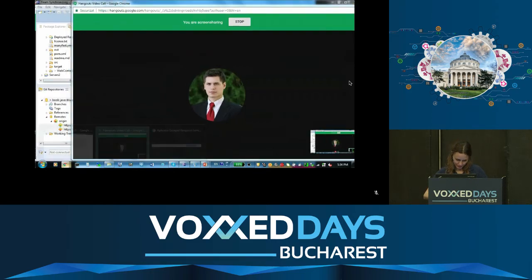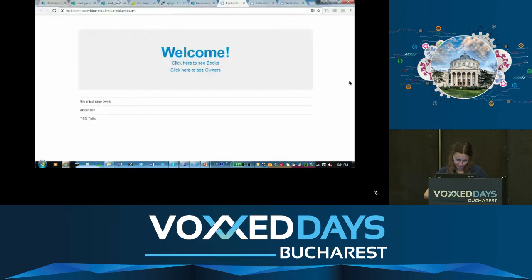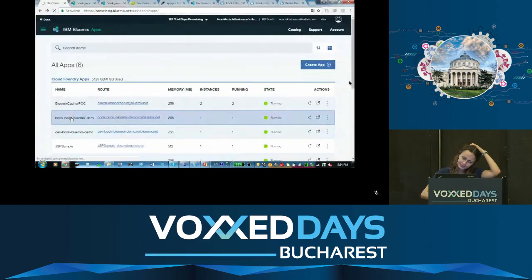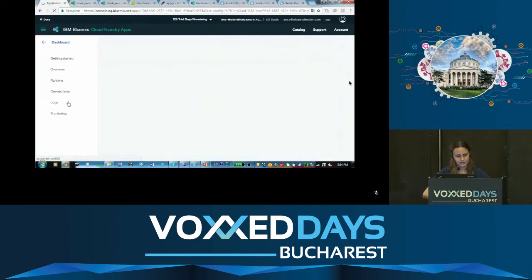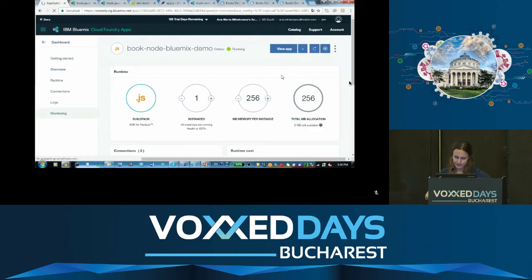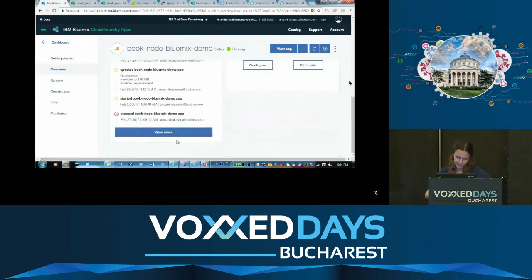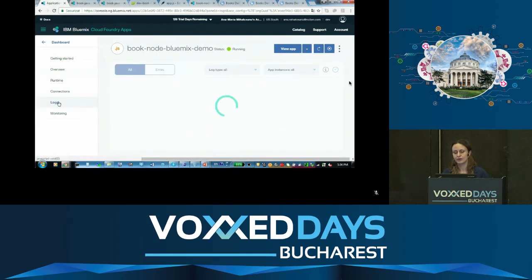Just want to show you the part with the monitoring. So there is also a thing called monitoring here, and any cloud provider has monitoring, and you can monitor what happened to your application, and you can view what happens to your application. You can also have logs, and you can filter among them.